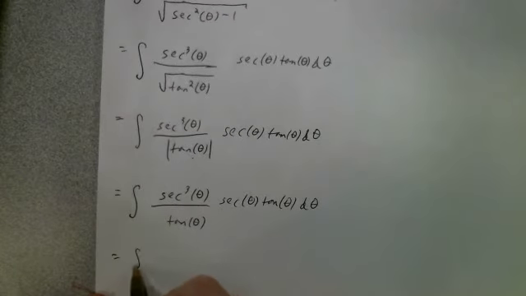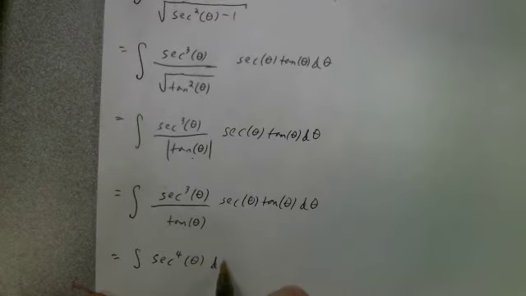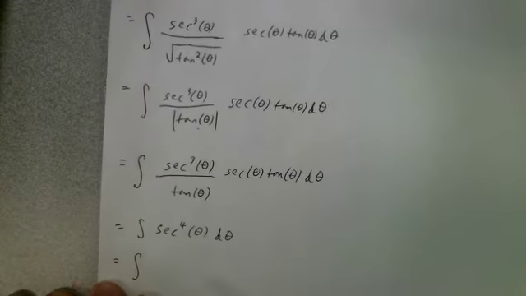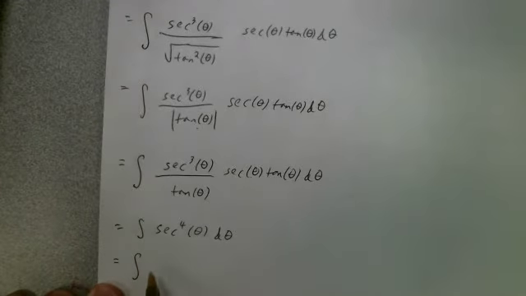And I'm left with finding antiderivatives of secant to the fourth theta d theta. Secant times secant cubed, secant to the fourth. So, trig integral. I'm going to make this look like stuff with tangent in it times secant squared. So I'm going to pull off a secant squared so that I have secant squared theta times secant squared theta d theta.